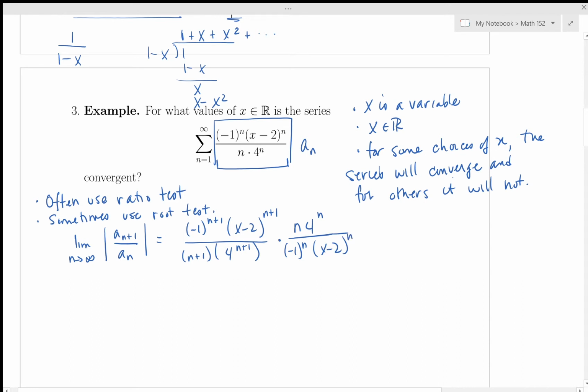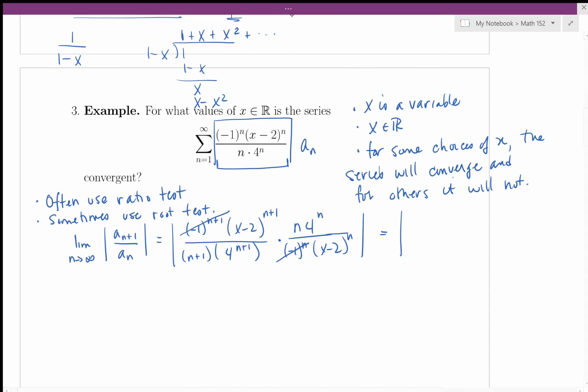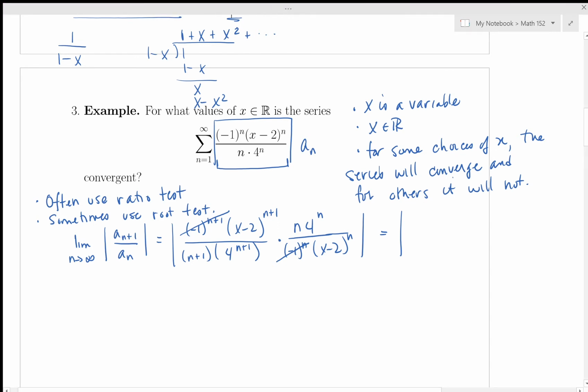Okay, so then I do my algebra on this, try to simplify this down. It's in its absolute value, so these things are going to be gone. Let us see here. I have x minus 2 to the n plus 1 in the numerator, and I have x minus 2 to the n in the denominator.